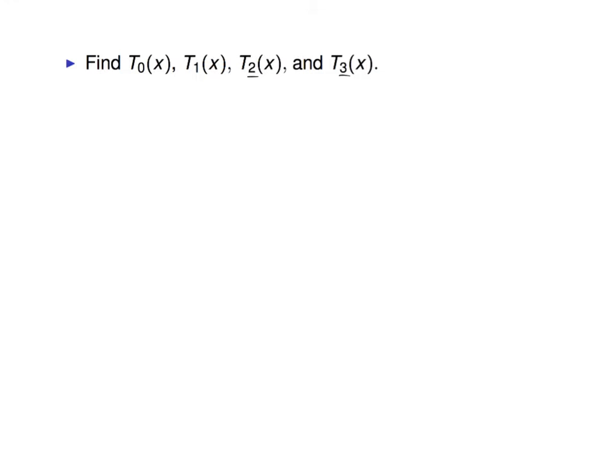So T0 is just the first term. So in general, T0 of x would just be equal to that f of a thing that you have. And those are called Taylor polynomials, and they're polynomials because they're finite and they've got x's to powers, as opposed to an infinite sum, which is not a polynomial.